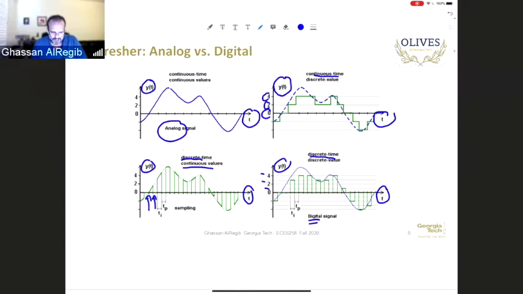So both the time axis and the signal itself are discrete in time and in value. So you can see we label the discrete time continuous value as our sampling, right? And once you have this sampling and then you digitize your signal, for example, you sample your two-dimensional plane, and then you say, I want to represent the values of the image or the values of y of t using a 2-bit sequence or a 3-bit sequence.